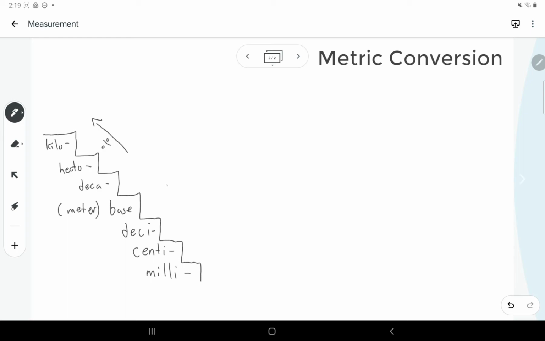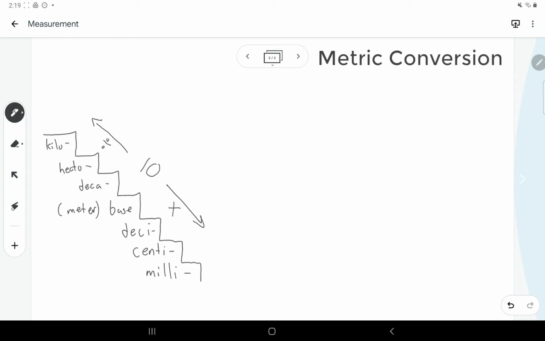If we're going down the staircase, going to a smaller unit, we're going to multiply. And whenever we divide or multiply, and this is the part that makes metric so nice, it's just dividing and multiplying by 10 every time. Never have to use something different. So long as we know where we're starting and we know how many steps it takes to get up, we know what we have to do.